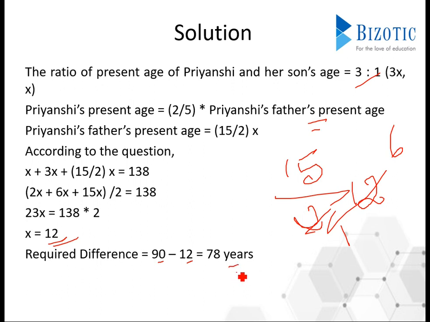This is the difference of ages between Priyanshi's son and father. So that gives rise to your answer, option C, 78 years. I hope you are clear with this explanation, and in our next video let's look into another set of problems. Thank you so much for watching.